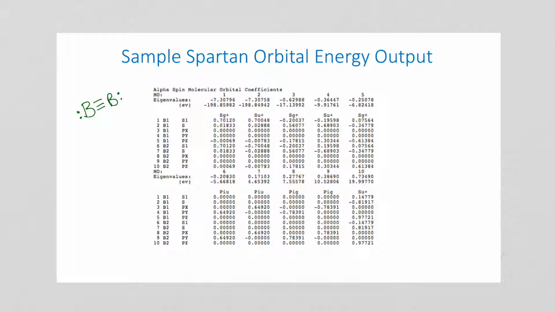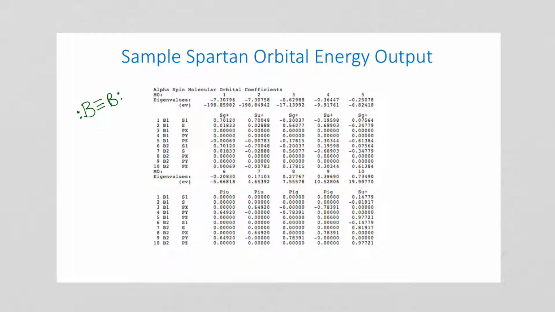Okay, so the nice thing about the output that Spartan creates for you after doing an energy calculation is that it tells you essentially how each molecular orbital is composed. These numbers here are telling you how much of that molecular orbital is coming from each atomic orbital on each atom.